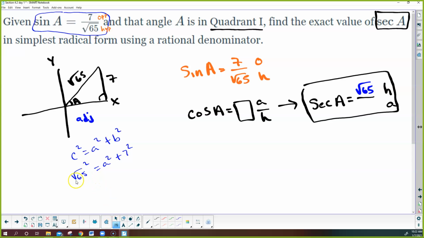And the nice thing here, the square root squared goes away, so this is just 65. And then we get 7 squared is 49. If I subtract, we end up with 16. And the square root of 16 is 4.